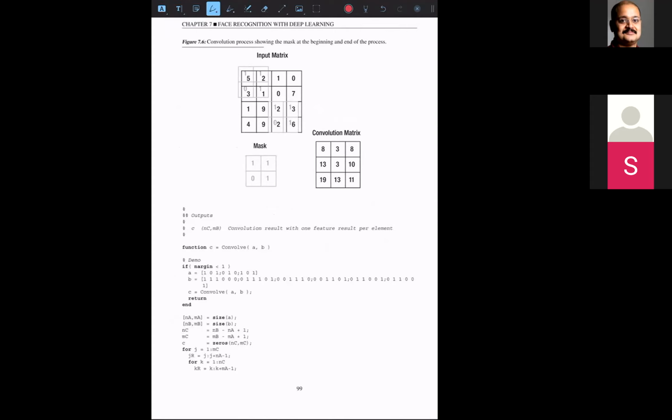In this demo, you have this baseline matrix B, that is the big matrix, right? And you have this filter matrix or the mask matrix, which is a 3 by 3 matrix. Once you run this code, this small matrix sweeps over the big matrix. Are you able to run this code?